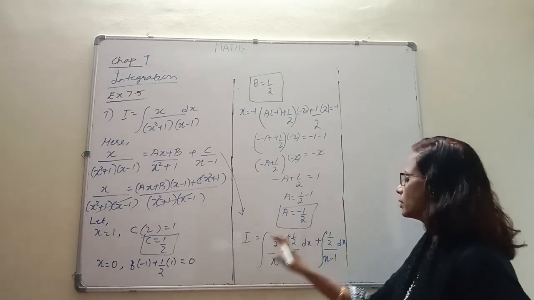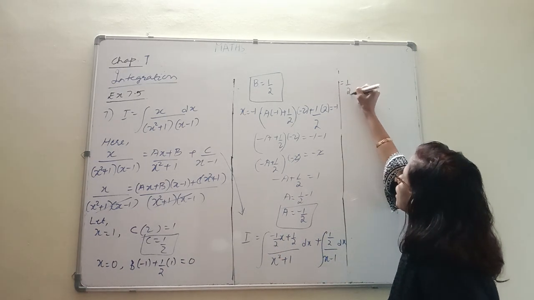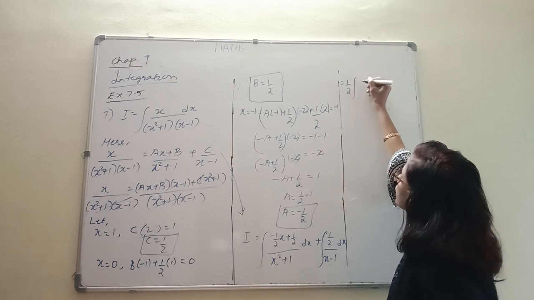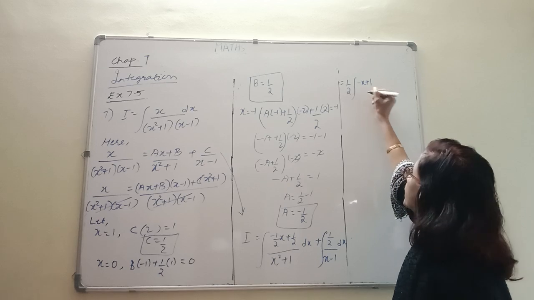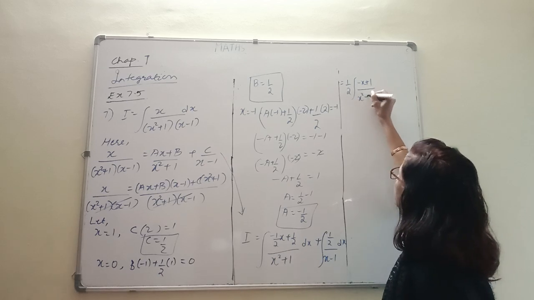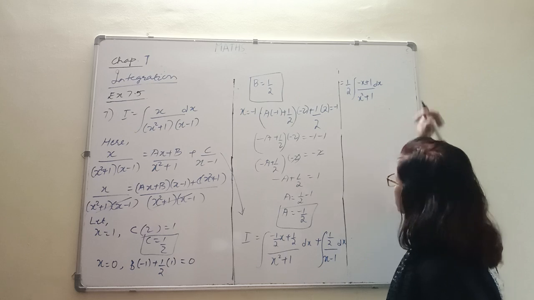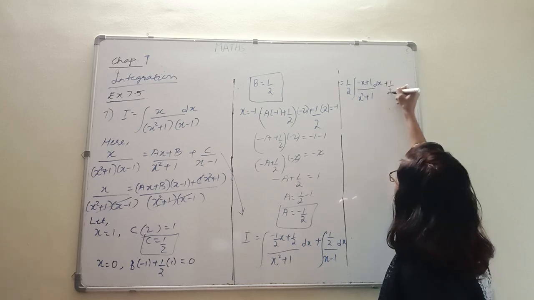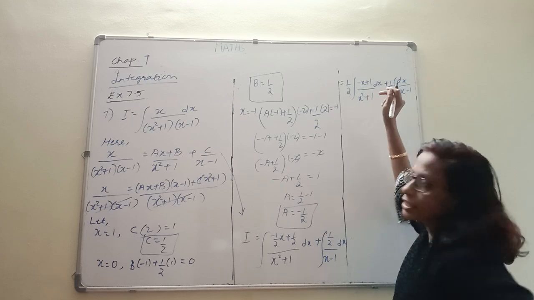The second part is okay. It is half, so that is half over x minus 1 dx. Now this half, let's remove. If you remove the half out, then we are getting negative x plus 1 in the numerator, and the denominator is x squared plus 1 dx. Here also you can remove the half out, but that's easy because it's a linear in the denominator, so finding the derivative is easy. But here finding the derivative is not easy.